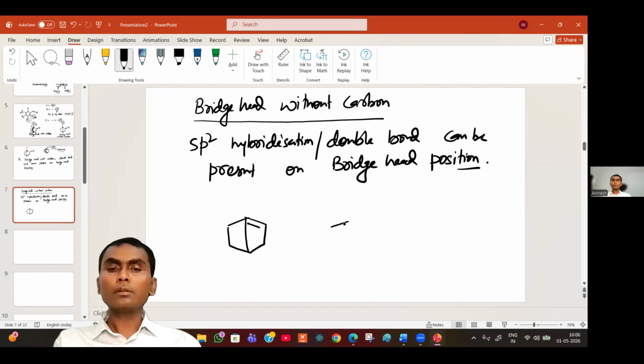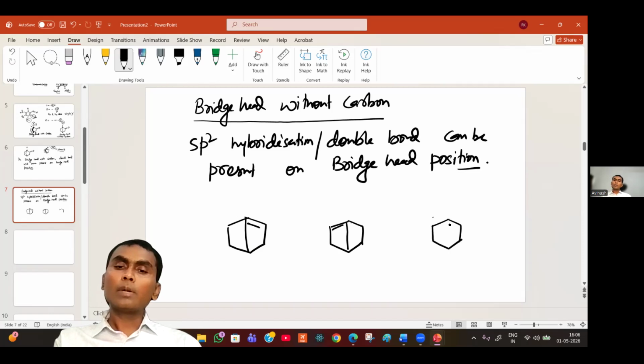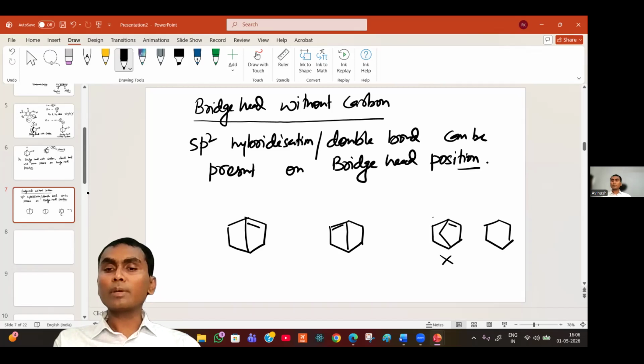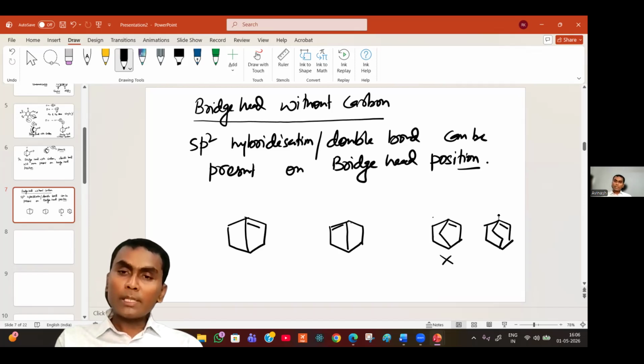This one is correct. This one is also correct. But this is not correct because here strain breaks down the system and it will vanish. This one is not possible because on bridgehead with carbon a double bond is never possible.